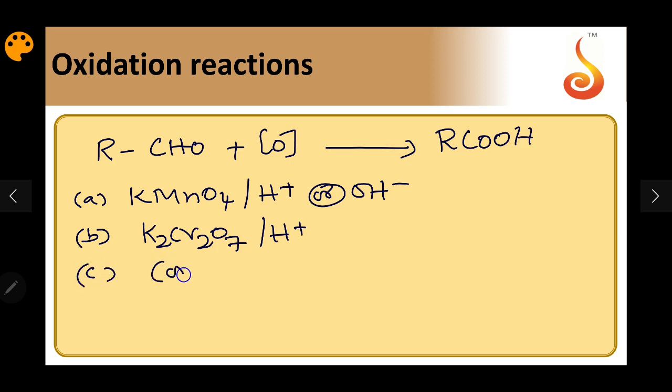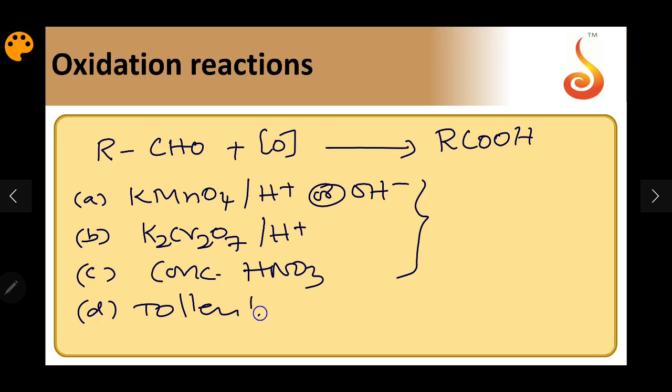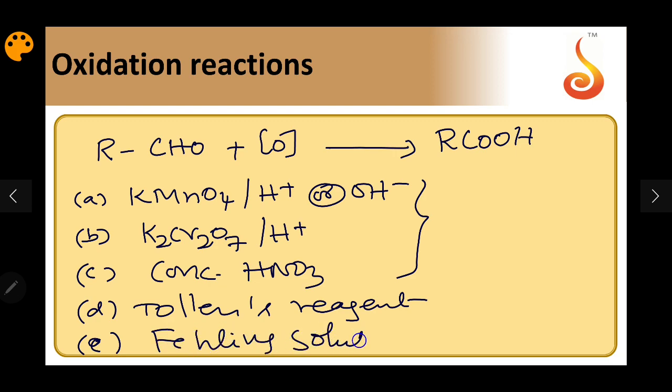I can use concentrated nitric acid. Along with these three, I can use even what is called Tollens reagent, Fehling solution. So these are the reagents I can use for oxidation of aldehydes.